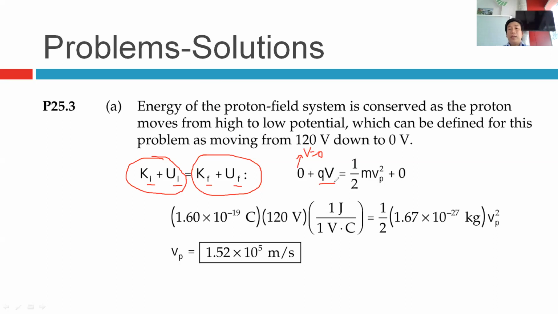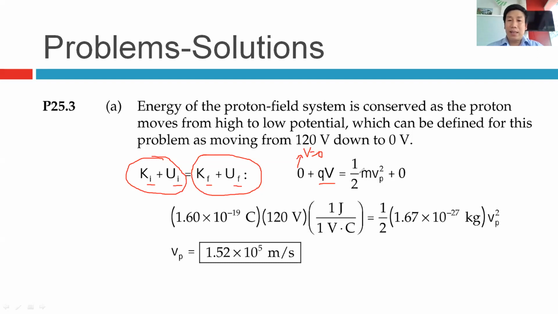Please remember that with the movement of the proton, it needs to move from high potential to low potential. It's the same as a waterfall: the water flows from a high position to a low position. It's the same as when you drop a bomb from high to low in the gravity field.